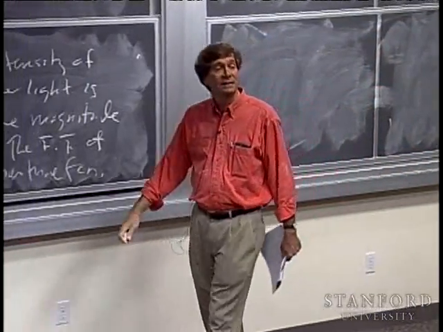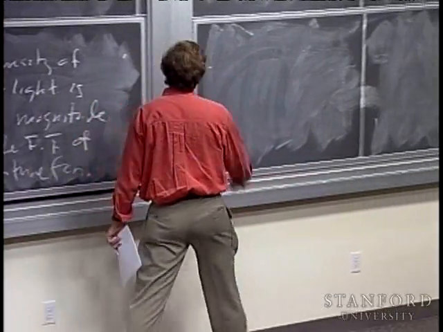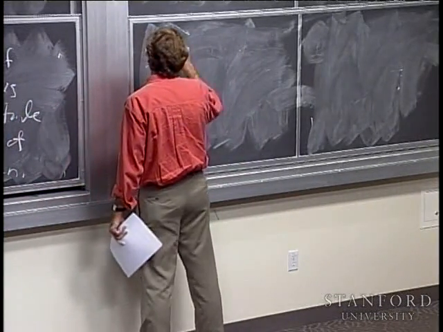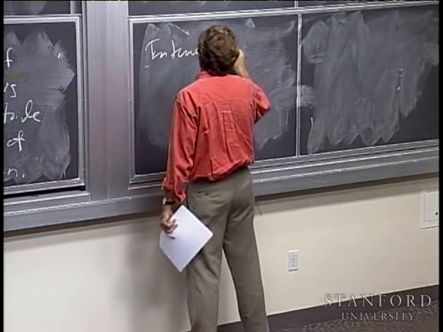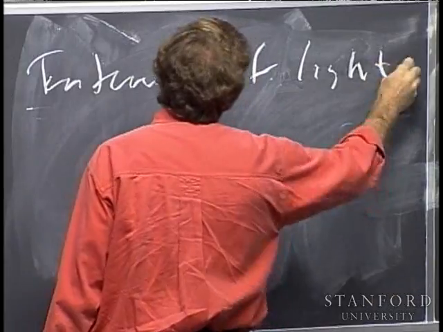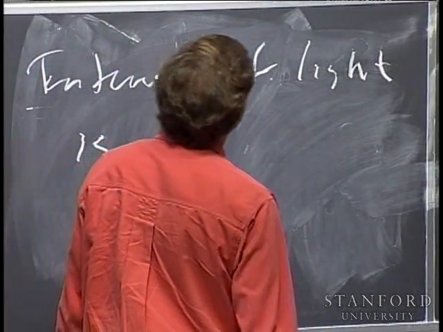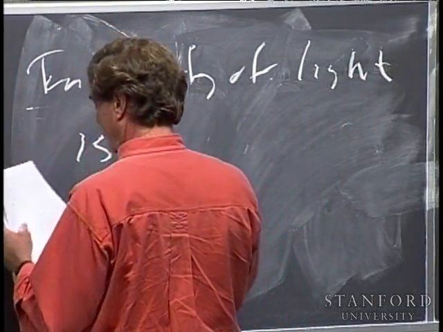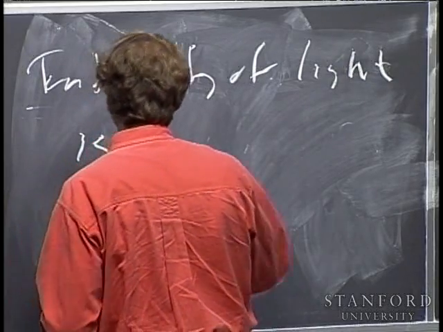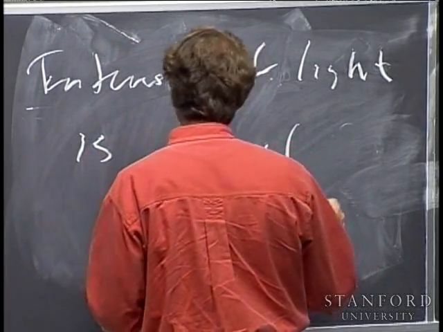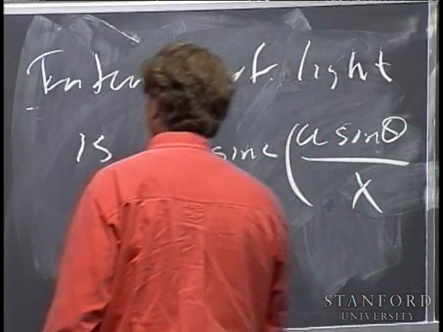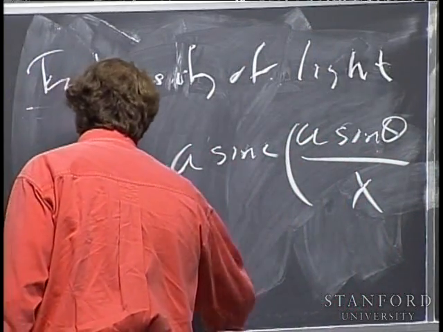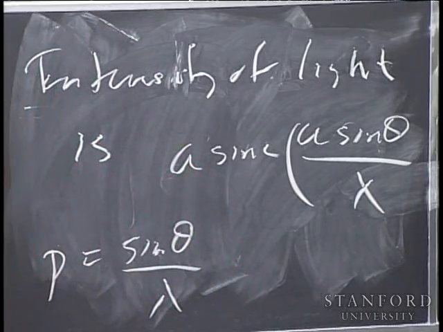So what is the intensity of the light? The intensity of the light is the Fourier transform, and this is the inverse Fourier transform. This amounts to the same thing. The intensity of the light on the image plane is the Fourier transform of this, which I write down here, is a sinc, let me write it down in terms of the variables, a sine theta over lambda, writing p equals sine theta over lambda.